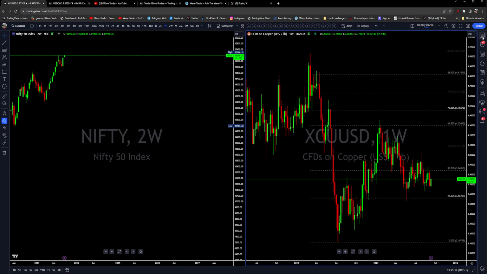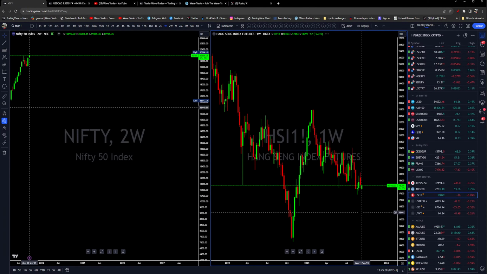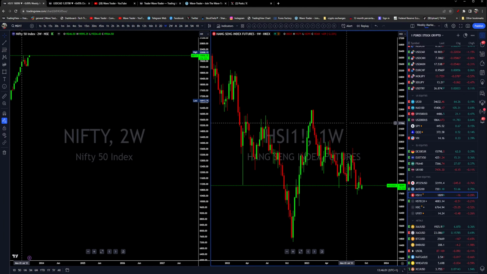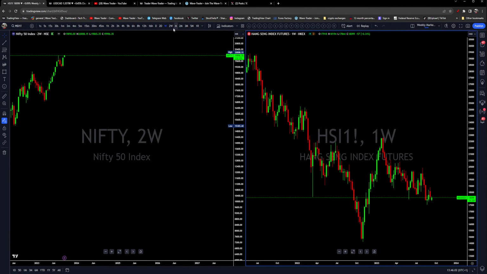If you look at the Chinese stocks, Hang Seng, or any other dragon or Chinese tech stock, the politics is playing out over there. So Chinese indices are not doing well.